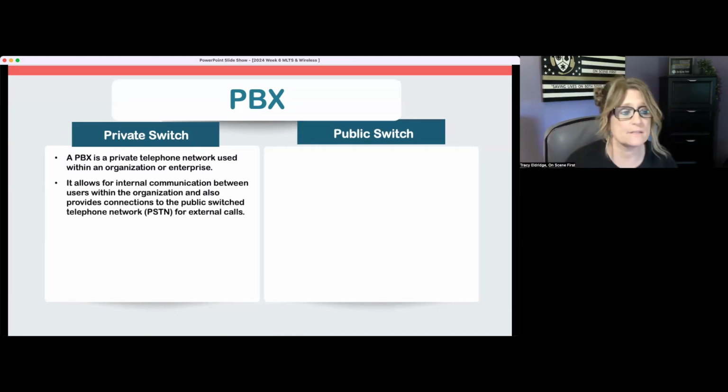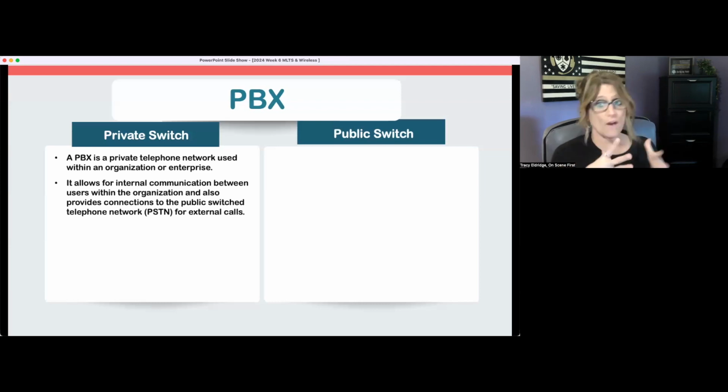It's localized. It allows for internal communications between the users within the organization and also provides connections to the public switched telephone network, the PSTN, for external calls. So it's a private branch exchange that has kind of two functions.